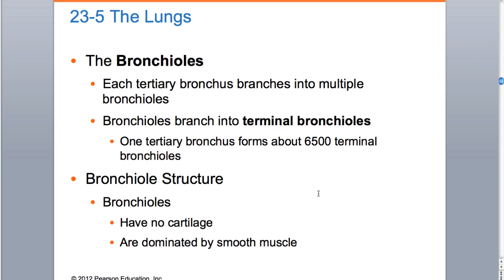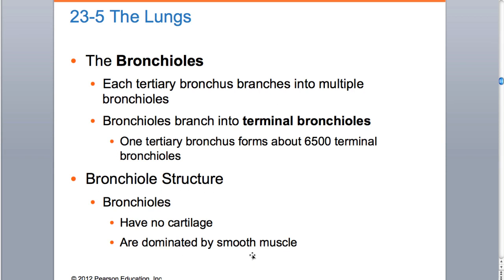Now, this slide is my main take-home story. Look at the bottom half. I don't care for the top, but look at the bottom half of this slide. Bronchioles have no cartilage, but are dominated by smooth muscle. Isn't that story very similar to arteriole story when it came to the blood vessel chapter?